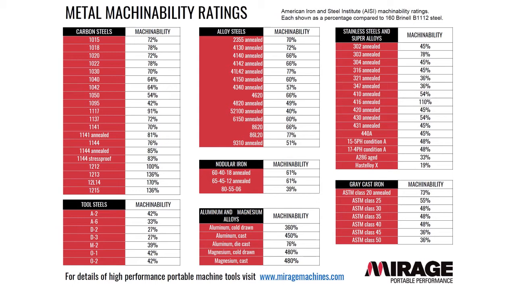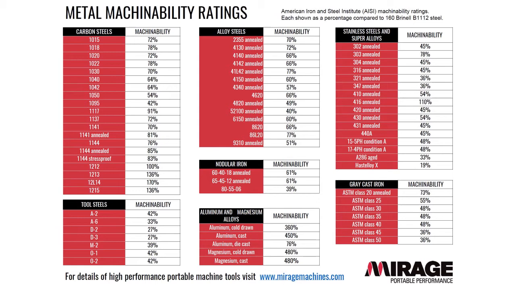The last two digits indicate how much carbon is in there, in hundredths of a percent. If you look at 1095, that has a machinability value of 42.